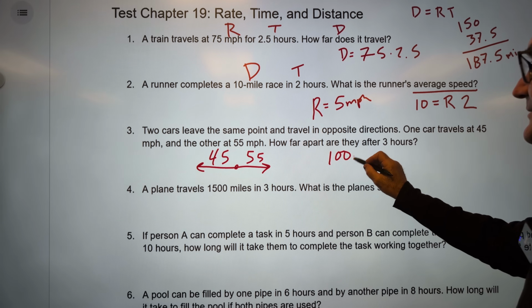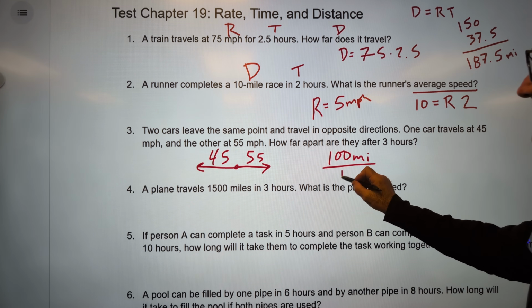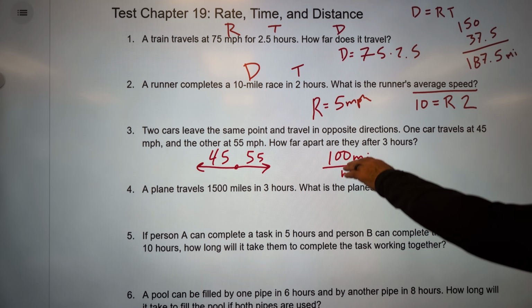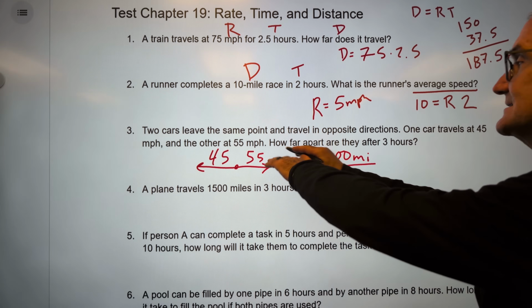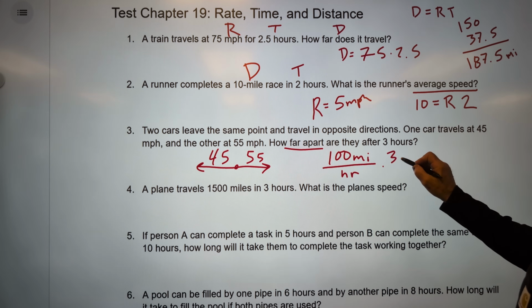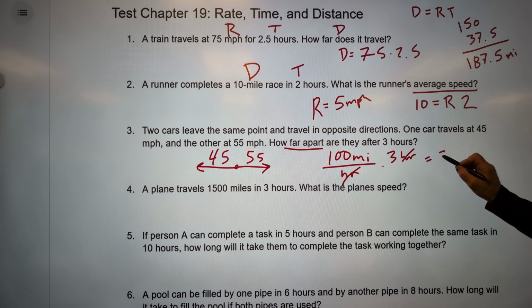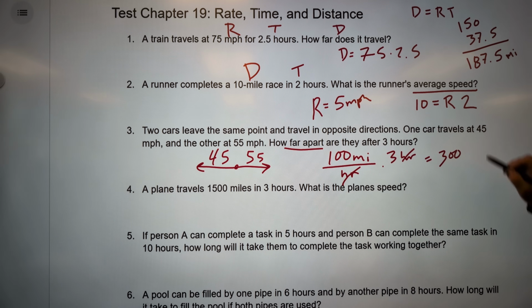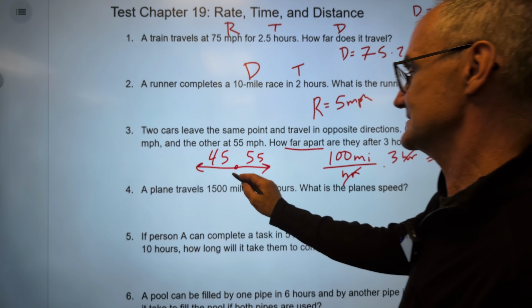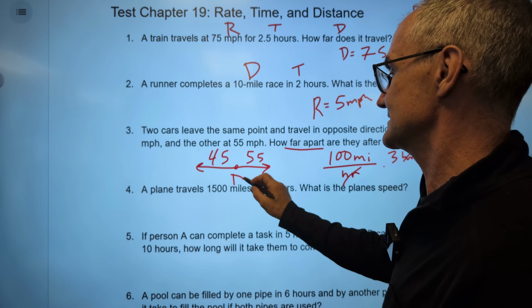This plus this gives me 100 miles per hour. Multiply that to find distance after 3 hours. My hours are going to cancel and give me 300 miles. Correct answer, 300 miles.